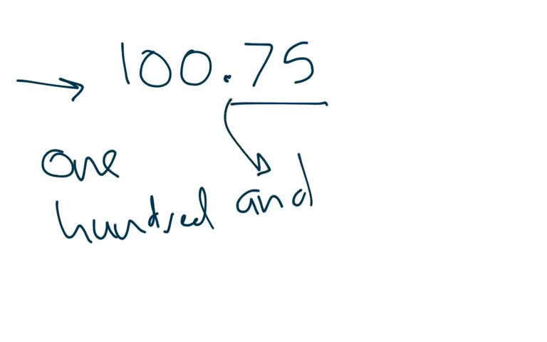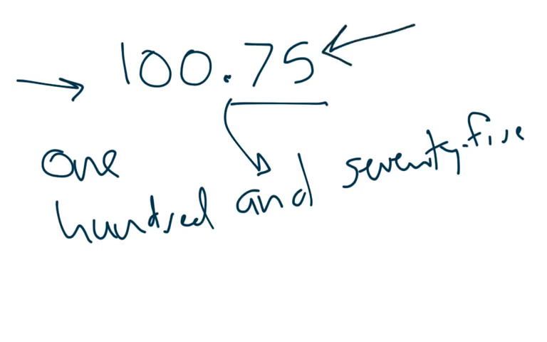And 75, what, thousandths? 75. Well, the 5 here is my last digit I'm using. It's in the hundredths place. So I write hundredths there. 175 hundredths. Alright?